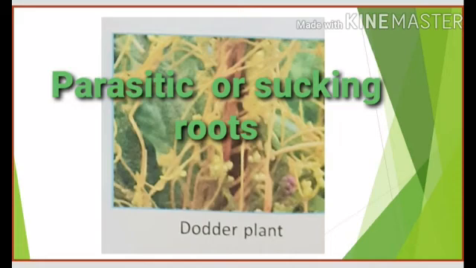So none of the plants wants to become the host of such a parasitic plant. But because of dodder's ability that it never dies, it searches for its host anywhere and always takes its supply of water and minerals from that host plant. This is all about the three types of modifications of roots, dear students.